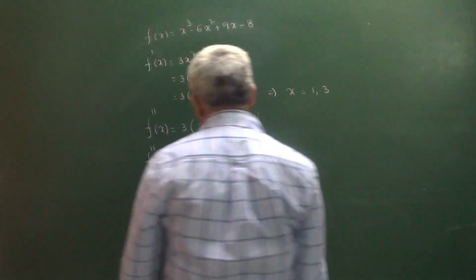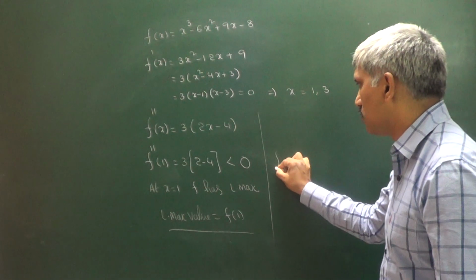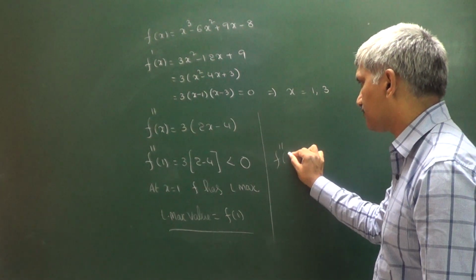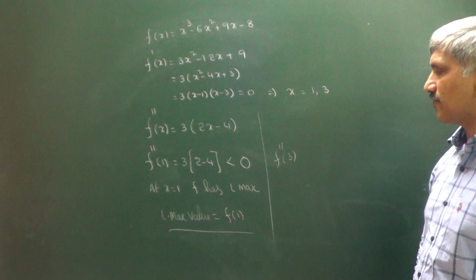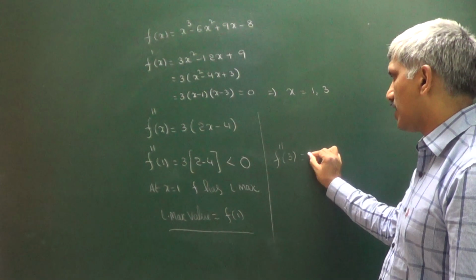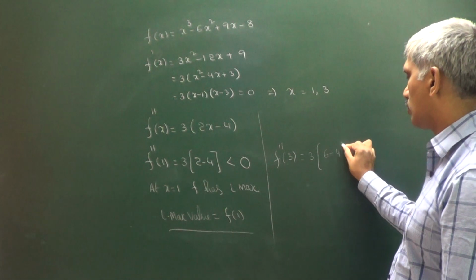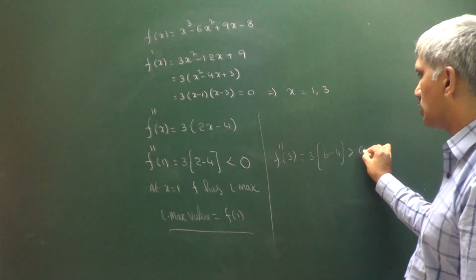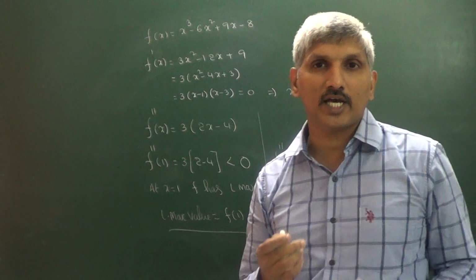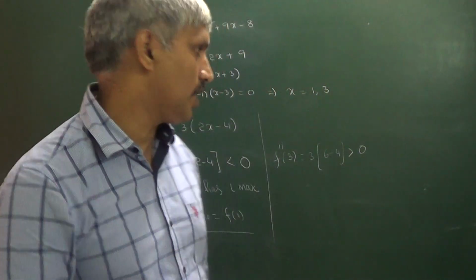Next, in the similar way, we have to find out f double dash of 3 also. f double dash of 3 is equal to 3 into 6 minus 4. No doubt this value is greater than 0. Second derivative greater than 0 means we have a local minima.